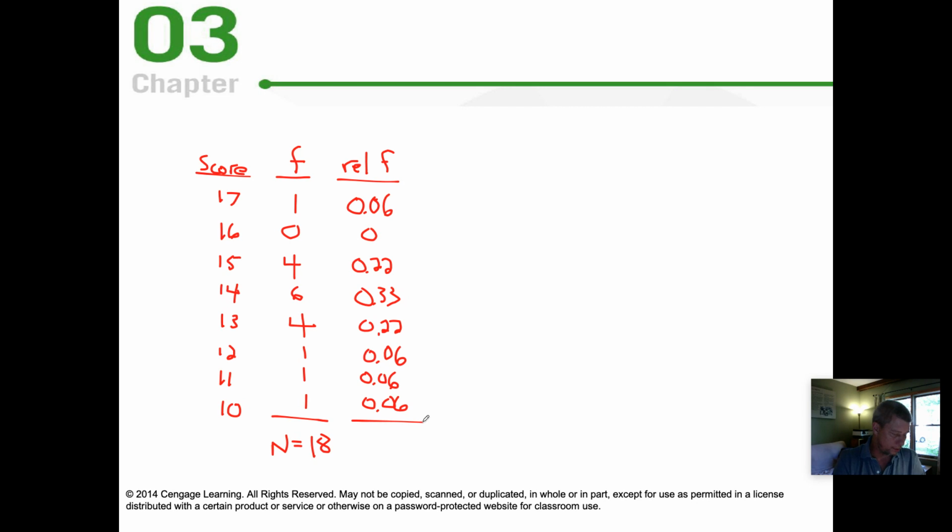So I'm going to do that calculation on my handy-dandy little magic number box. 0.06 plus 0.22 plus 0.33 plus 0.22 plus 0.06 plus 0.06 plus 0.06. And that equals 1.01. Remember I said that in some of these cases we're rounding a little bit, and so you may not get exactly 1.00 here, but we're close enough for government work.